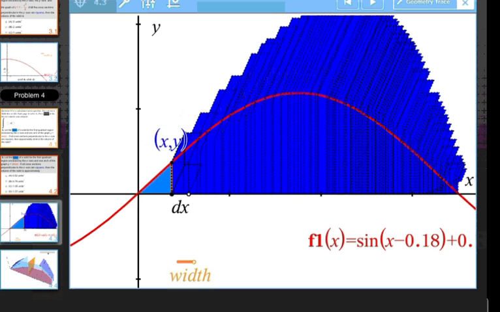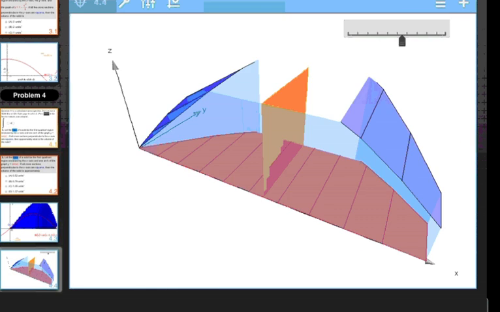So it's a really strange shape to visualize, but it's this thing that comes out of the board at you. And if you're standing in front of the board, it's closest to you in the middle, and then it kind of tapers off. Do you see where that's coming from? If you want a 3D model, it's here. That's kind of a cool way of visualizing it.